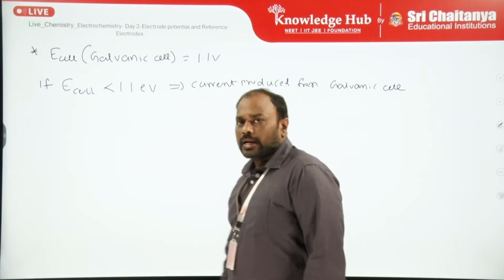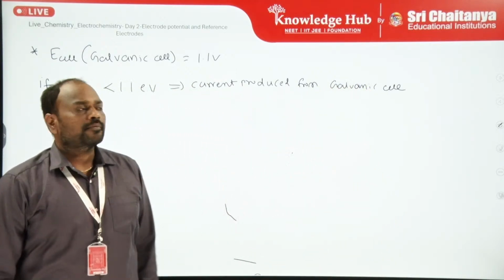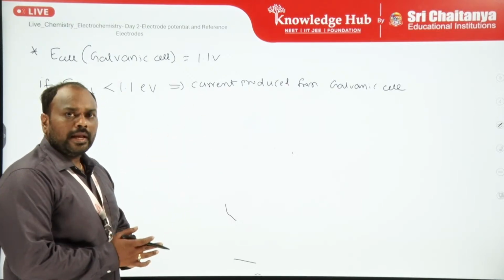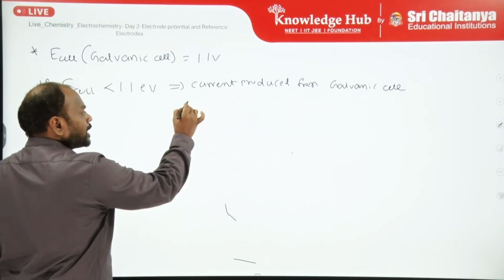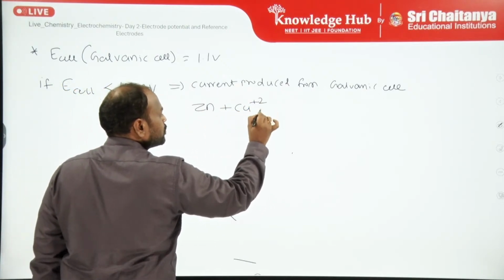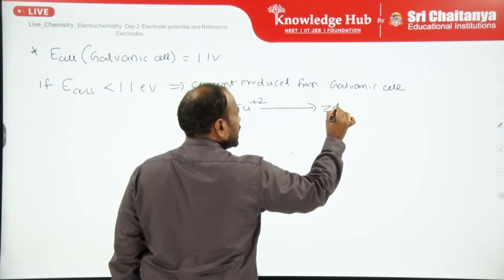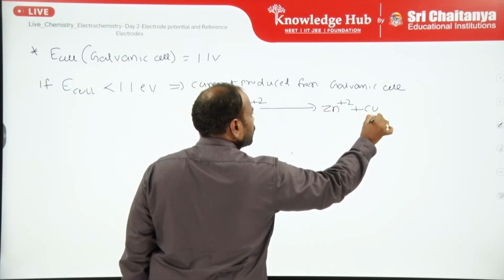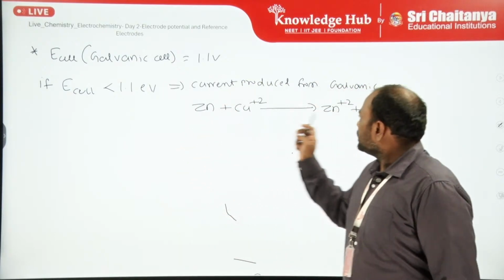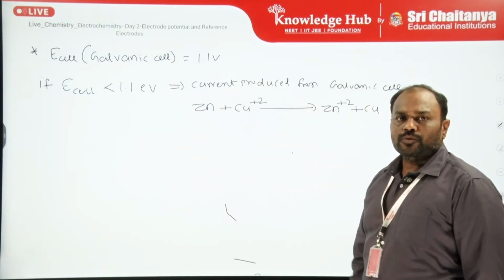At which condition is current produced? If the potential is less than 1.1 volts, then only current is produced. So what is the reaction? Zn plus Cu2+ gives rise to Zn2+ plus Cu. This is the overall reaction. If current is produced, zinc is oxidized and copper is reduced.